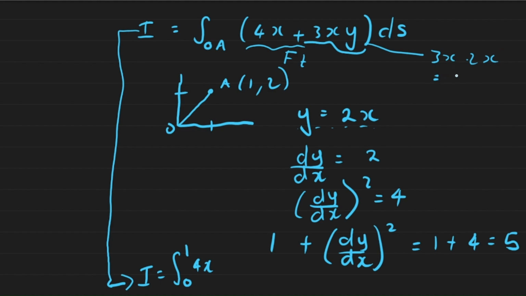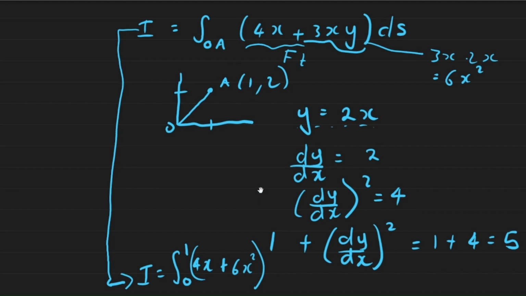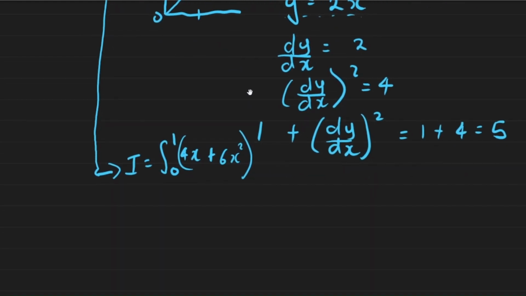So that's equal to 6x squared. So if we put that into our integral, that becomes 6x squared. And also, we cannot forget that we have to put in our ds, and our ds is equal to the square root of this. Sorry, I kind of just let it get all a bit muddled here. So I will just bring it below.